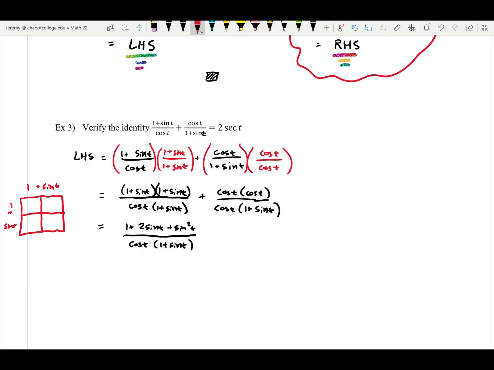However you like to do it, totally fine by me, whatever works for you. All right, and then over here I will just have cosine squared t, over our common denominator of cosine t times (1 plus sine t).